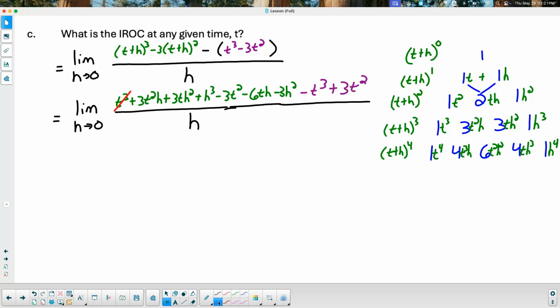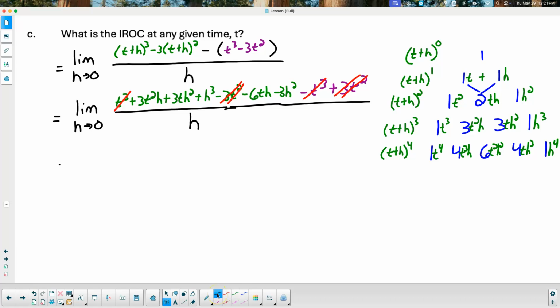There we go. Now that t cubed cancels out that negative t cubed, and this negative 3t squared cancels out this positive 3t squared. That's what we needed. We need to get rid of those t terms.